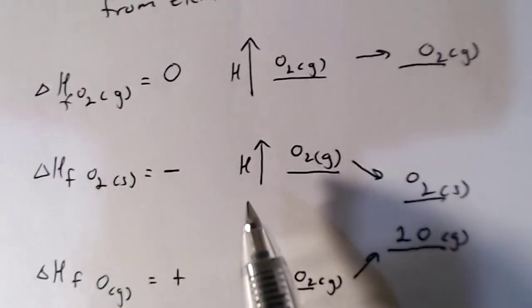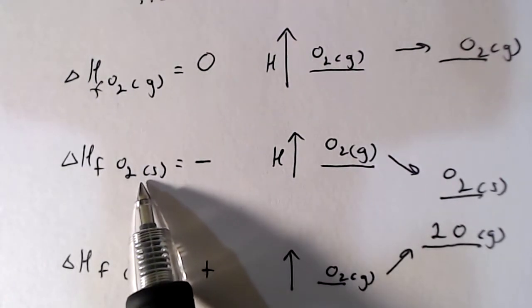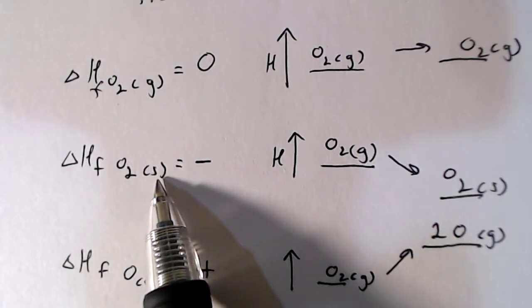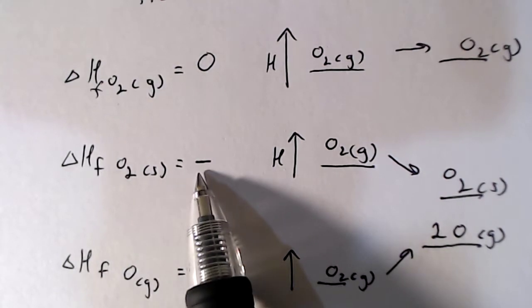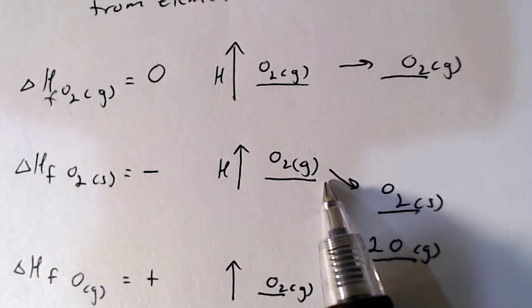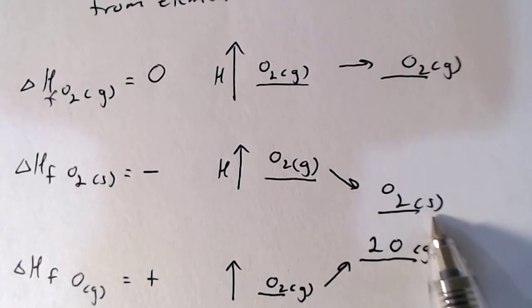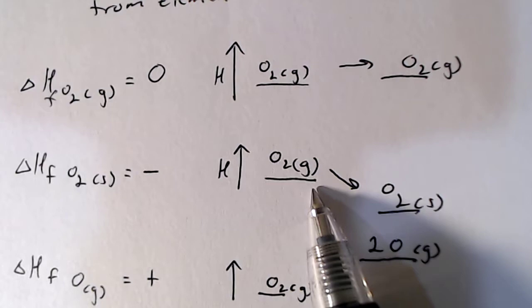All right, but what if you were asked, what is the sign of the heat of formation of oxygen solid? All right, so that's negative, because in order to form oxygen solid, you would need to form it from the way that oxygen normally exists, which is gaseous.